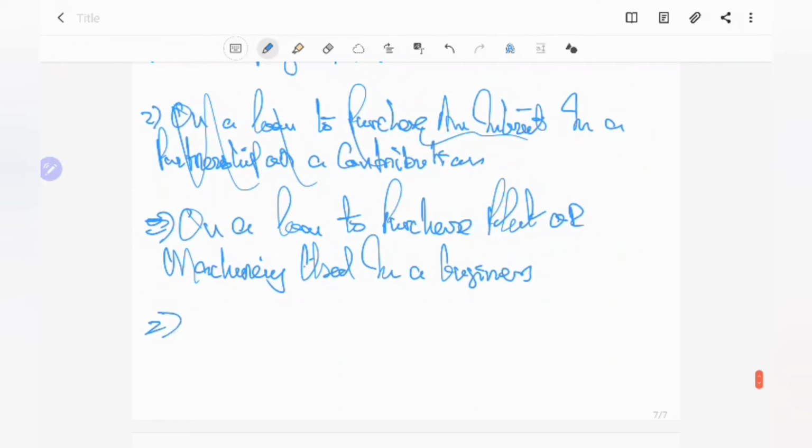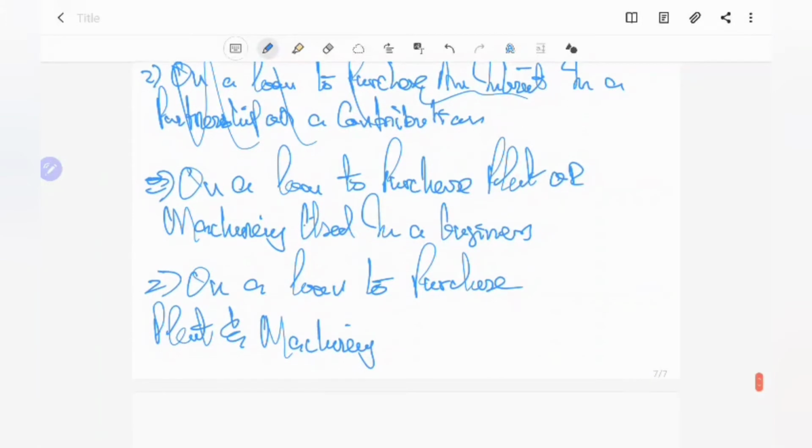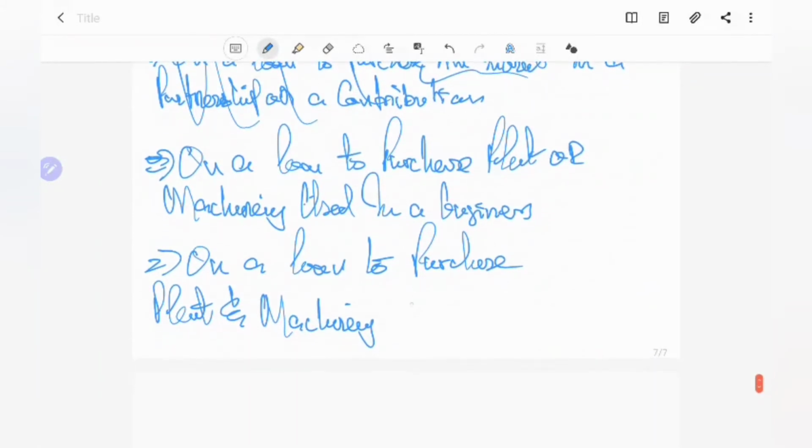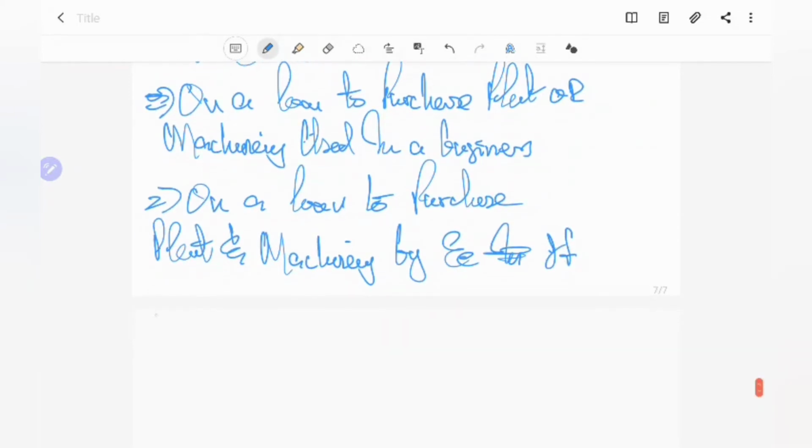Number three, on a loan to purchase plant and machinery by an employee if used in the performance of duties.